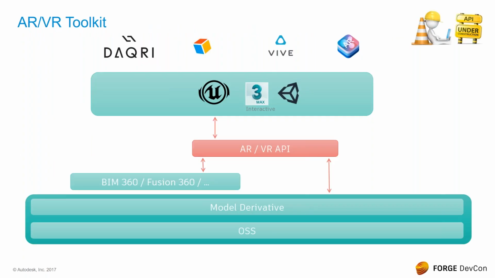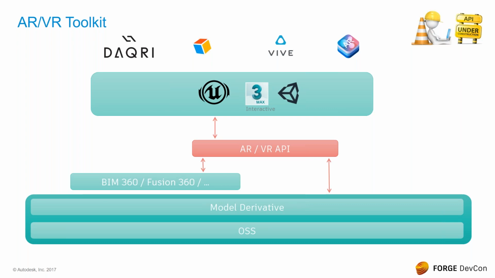The other one that we've been working on is an AR/VR toolkit. This is what we call a sample SDK, so the source code is available for anybody. I think right now it's not quite posted on GitHub, but it will be soon. It is available though if you want to play around with it. The idea of this toolkit is that it's about preparing content for VR, and it's about using Forge as the engine to do that.